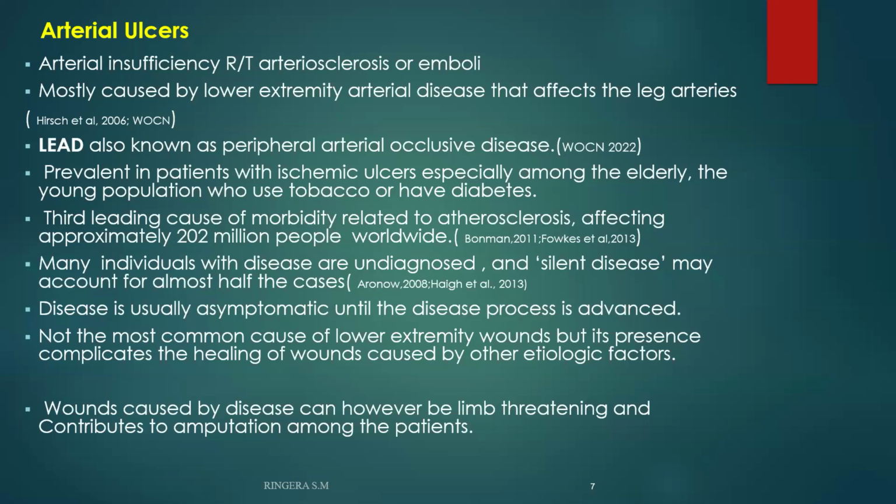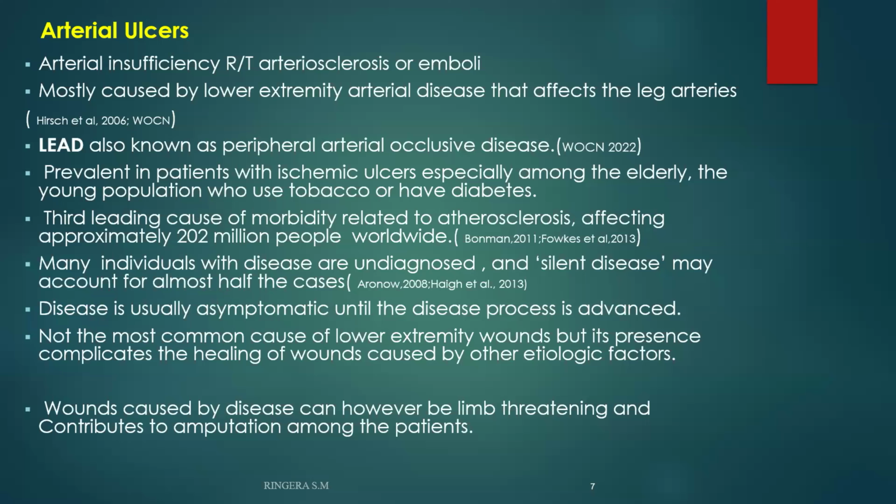So let's look at the arterial ulcers, and in this presentation we'll be dealing with the vascular issues. Arterial ulcers are usually caused by arterial insufficiency, and they are mostly caused by lower extremity arterial disease that affects the lower leg arteries.